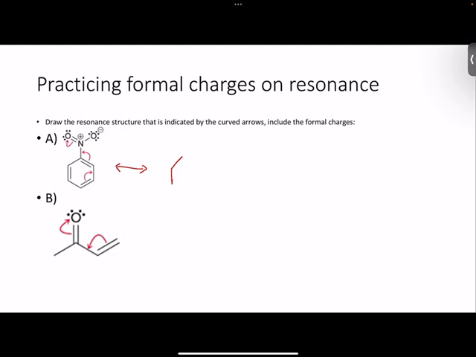Let's see. It's not gonna look pretty since I'm drawing on my iPad, but I will try my best. Let's see. Oxygen. We have 1, 2, 3, 4, 5, 6, negative. Okay, so then this one's not really getting affected by it.